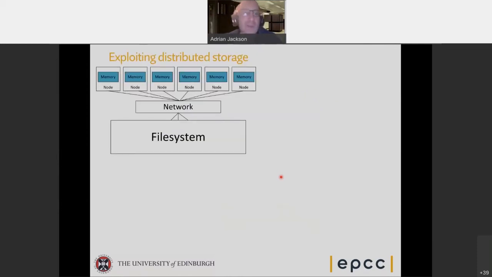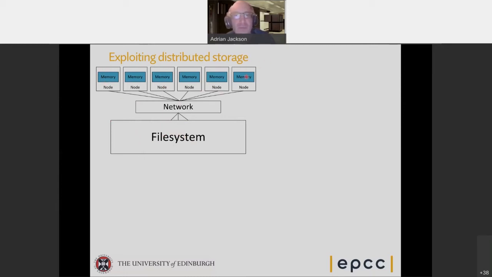And that's because effectively what you're doing if you put the storage in the node is you're moving from a scenario we have here, where we have all our compute nodes on a standard HPC system, and they're connected together by some kind of network, and then that network is connected to some kind of external file system. So if you run a job on this node up here, it can see all the data in the file system.